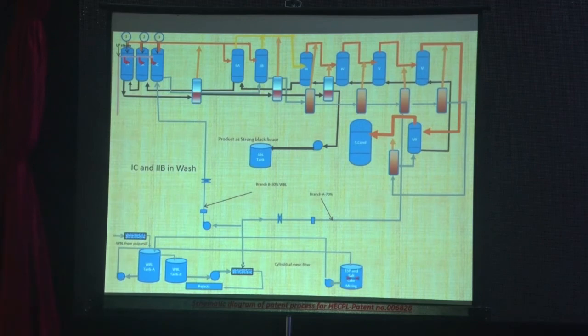though it is not required, because usually other designers charge only 5 kg per meter square per hour steam. So if you are not charging enough steam in the body, how can you get the heat transfer coefficient?